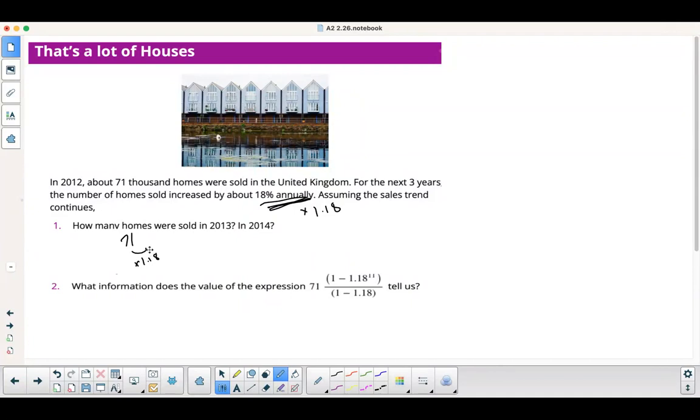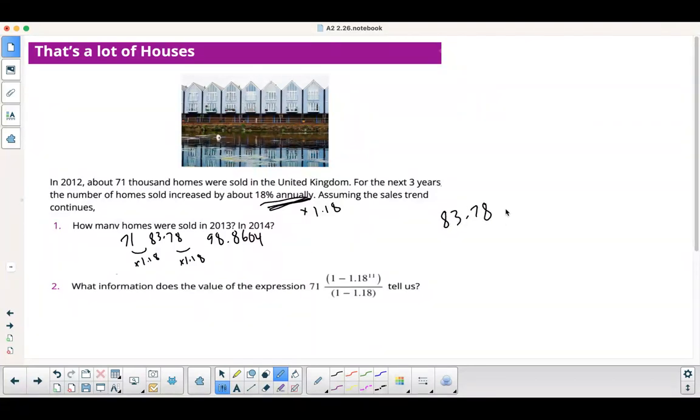So 71 times 1.18, I get 83.78. And then I do the same thing times 1.18, and I get 98.8604.